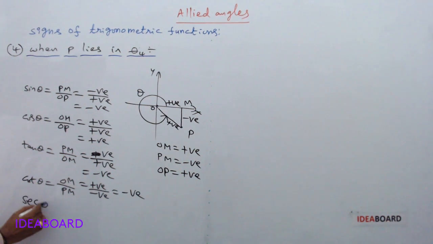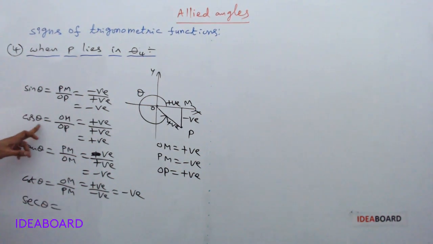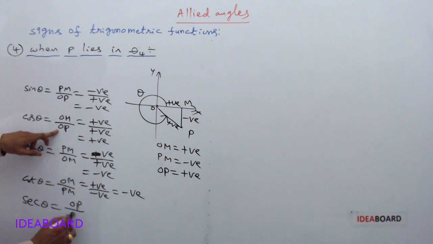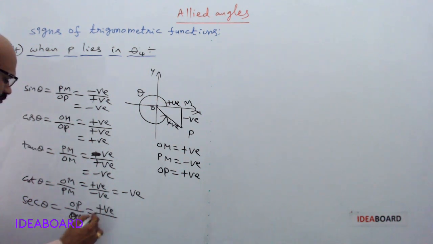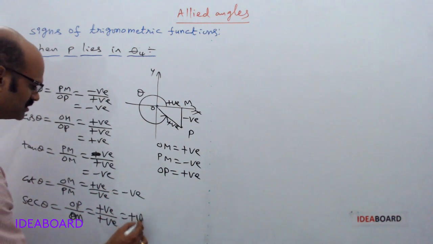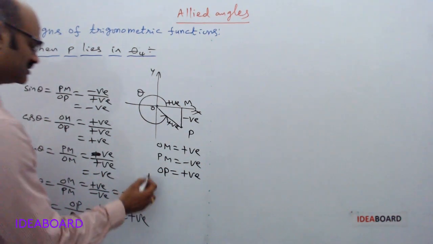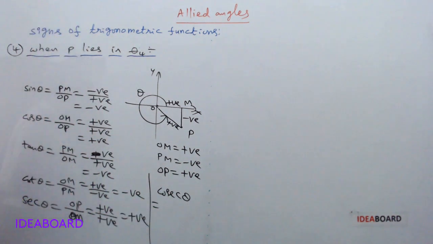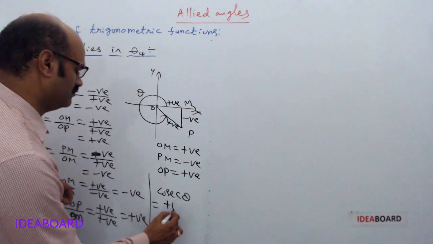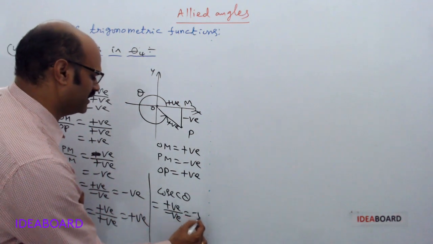Now secant theta is the reciprocal of cos, so OP by OM, positive by positive equal to positive. Now cosecant theta is the reciprocal of sine, positive by negative equal to negative.